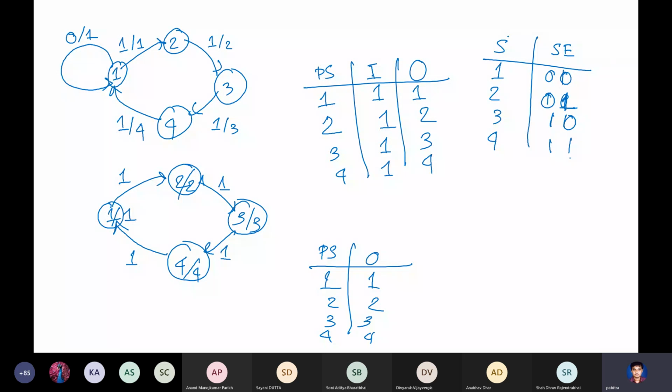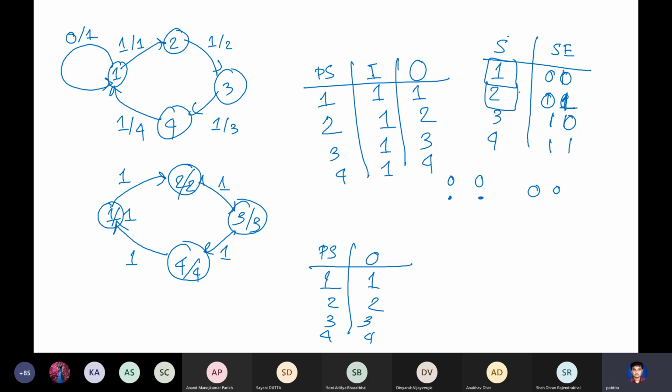So how do I represent this encoding in a circuit? I'll have 2 bits, and when both these bits are 0, I am in state 1, and if the bits are 0, 1, then I'm in state 2, and so on. So this is the bit encoding of the states.